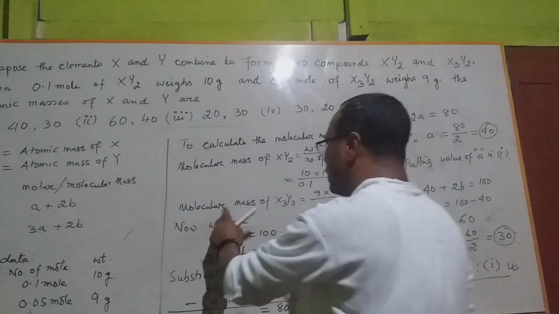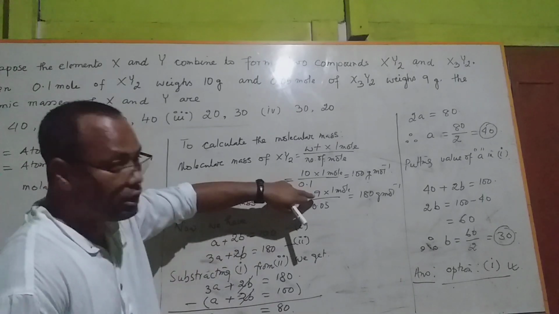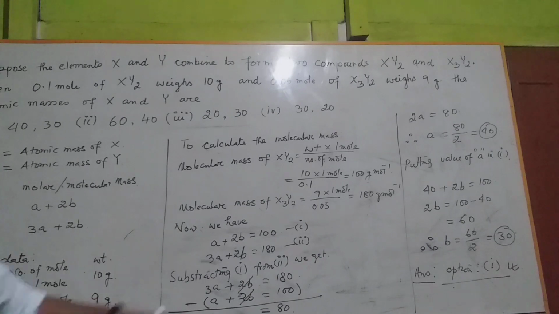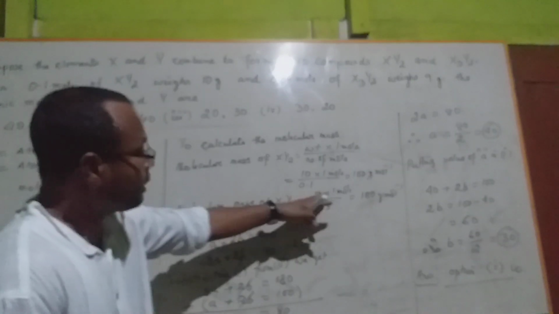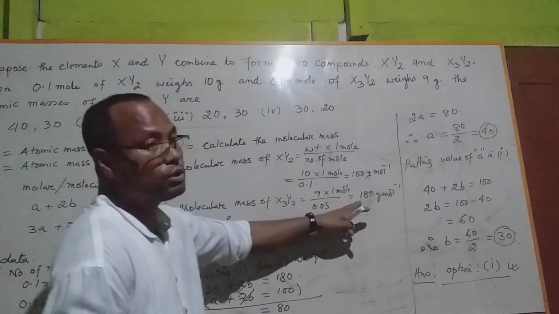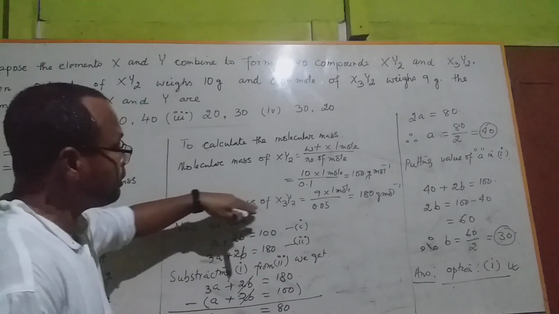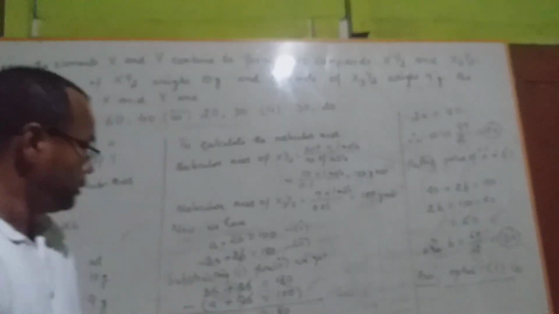Similarly, how do we calculate the molecular mass of X3Y2? The weight of X3Y2 is 9 gram and the number of moles is 0.05 mole, so the value comes out to 180 grams per mole. So the molecular mass of X3Y2 is 180 grams per mole.